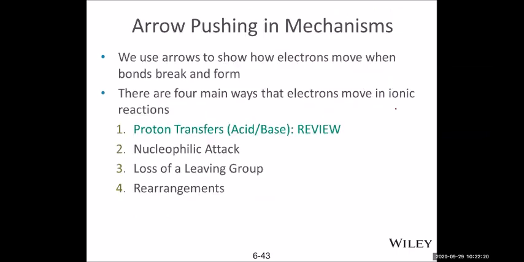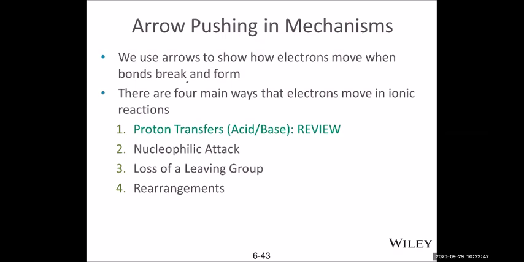The arrow pushing is the end of this chapter 6. We went over the acid-base arrow pushing, where the lone pair from the base attacks the hydrogen and breaks the hydrogen-acid bond to form a new structure. But we have more.